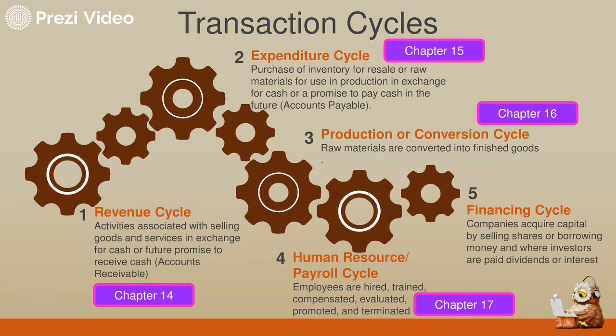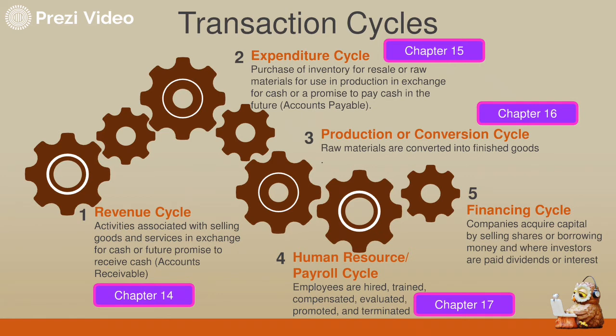This is related to the activities of hiring employees, training them, compensating, evaluating, promoting, and terminating employees. So those are the cycles. Then you're going to go into the details in chapter 14 to chapter 17.